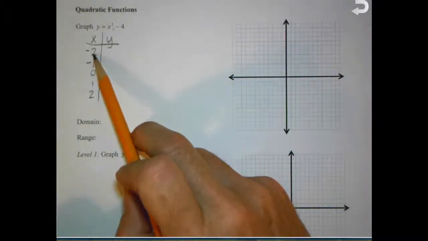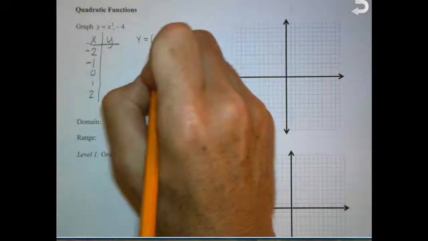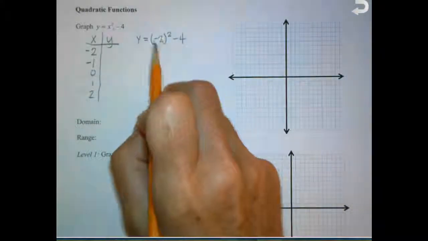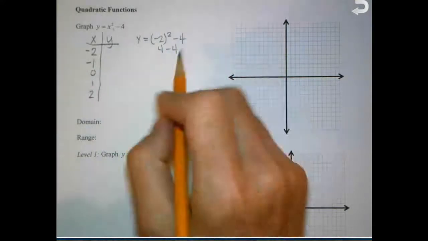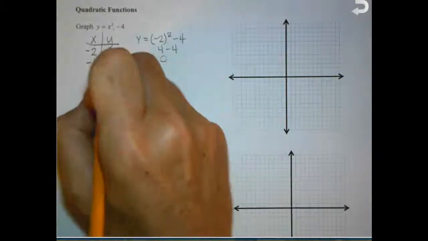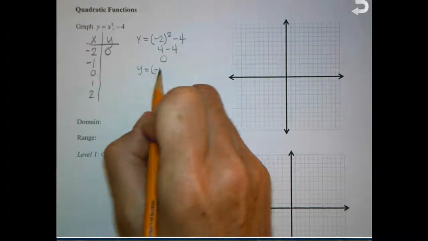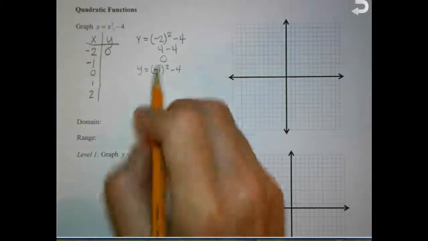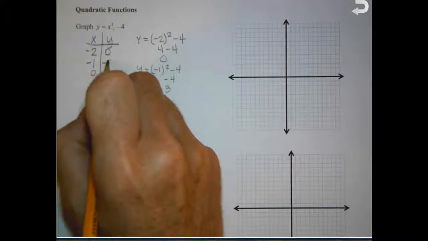Okay, so if I put in a negative 2, I have y equals, use your parentheses, negative 2 quantity squared minus 4. When I square negative 2, I get 4. So that's going to give me a 0. If I put in a negative 1, I have negative 1 quantity squared, which is 1, minus 4, which is going to give me a negative 3.